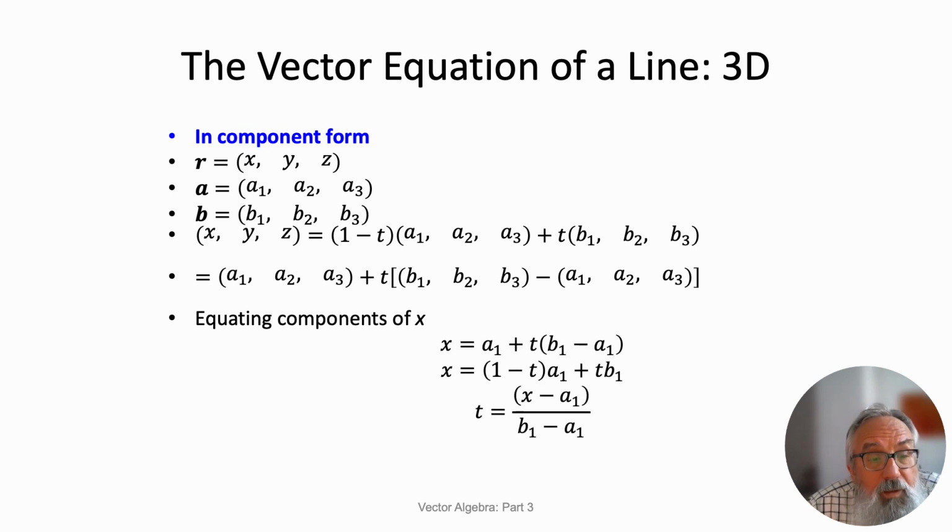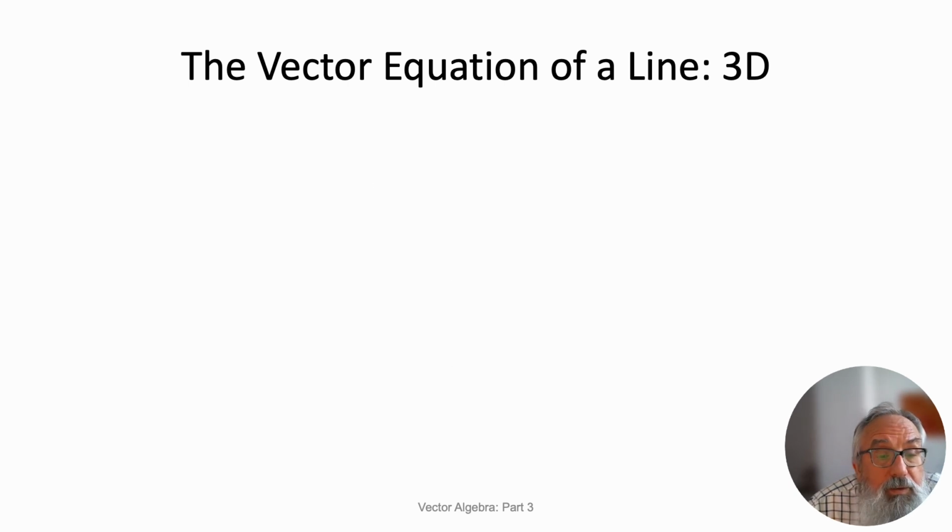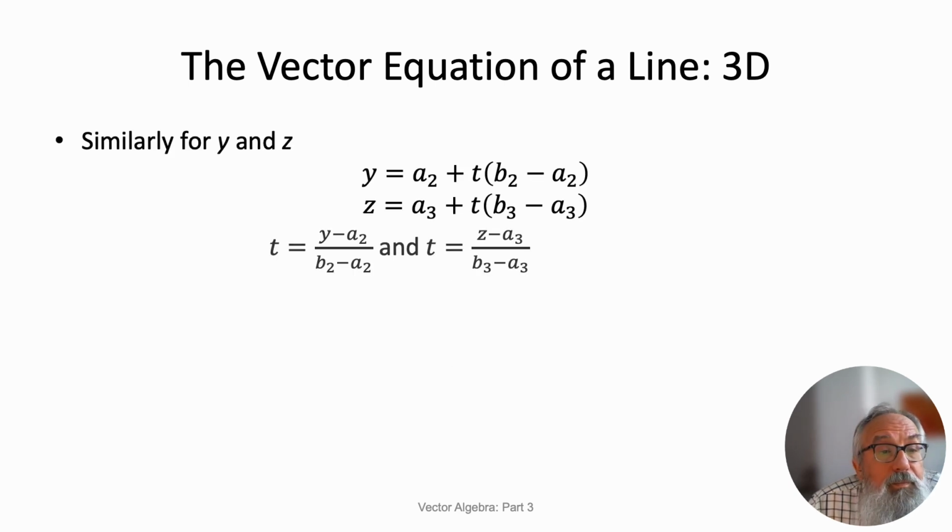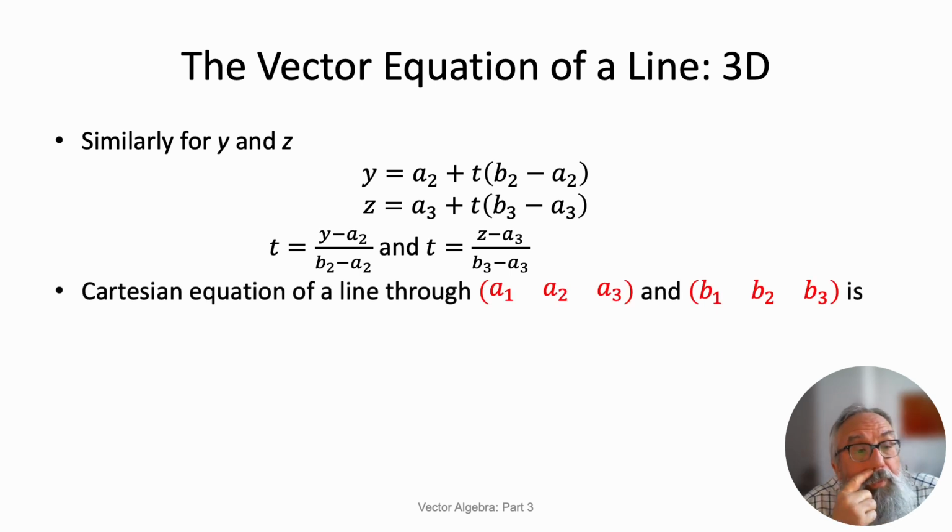We can take out the X components and we see that we can write it in terms of t, the X component and the A components. We can similarly do the same thing for the Y and Z components.